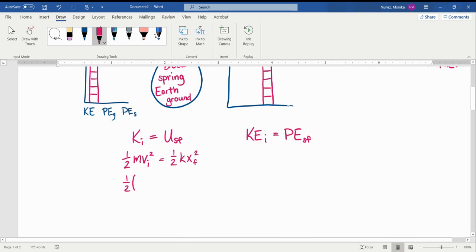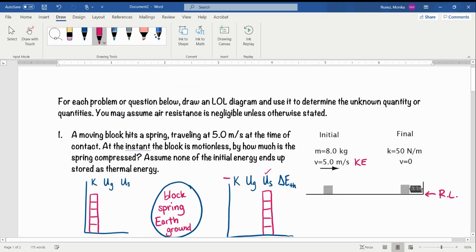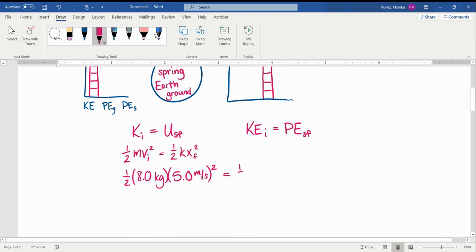That mass is 8 kilograms. That initial velocity is 5 meters per second. Don't forget to square that initial velocity. And my spring constant is 50 newtons per meter. And so we can use that to calculate our final quantity here.